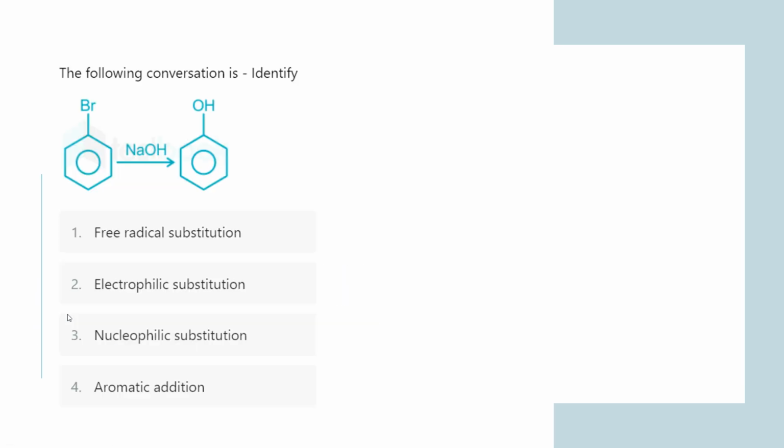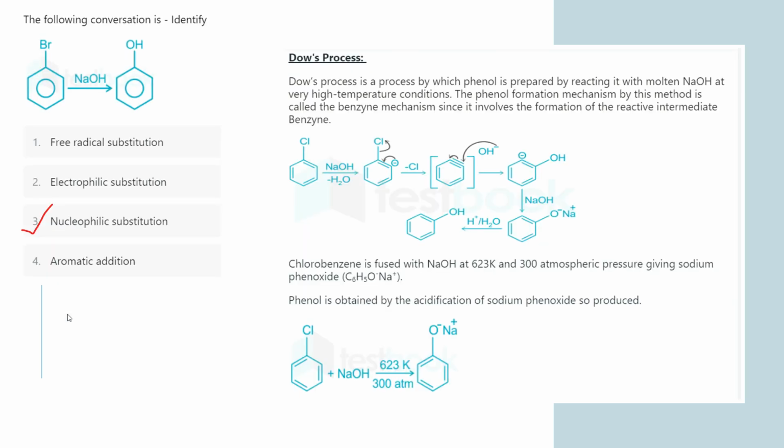Next, we came across the popular Reimer-Tiemann reaction for phenols, and we saw, sorry, not this one. This was the reaction which was Dow's process. In this particular reaction, bromobenzene was treated with sodium hydroxide, and phenol could be synthesized by this process, and the reaction was found to follow a nucleophilic substitution.